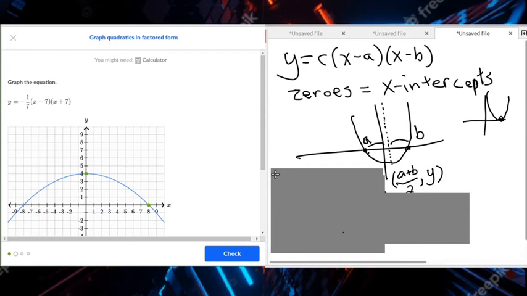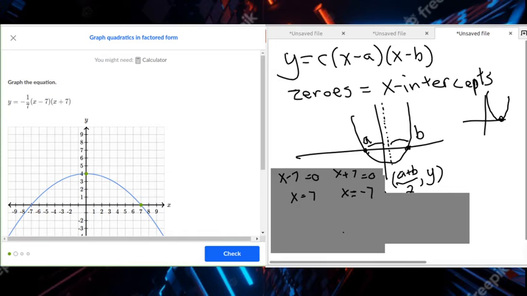So I'm going to have either x minus 7 is 0 or x plus 7 is 0 from that zero product property we were doing last video. So that means x is equal to 7 or x is equal to -7. And then, so let's see, I've got 7 here and the other one needs to be -7.